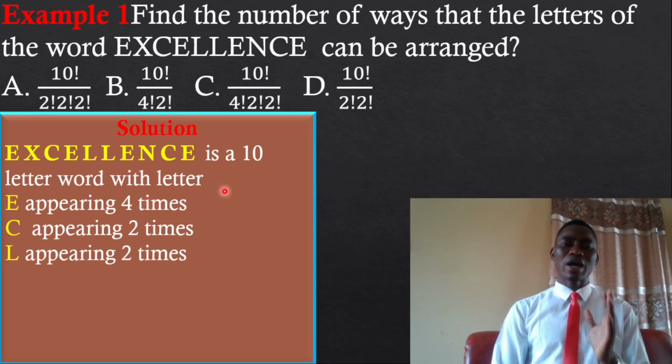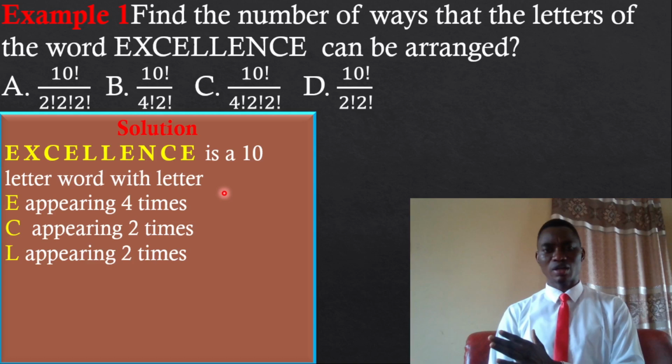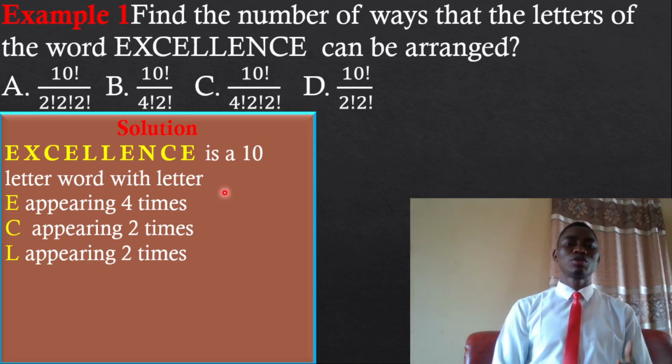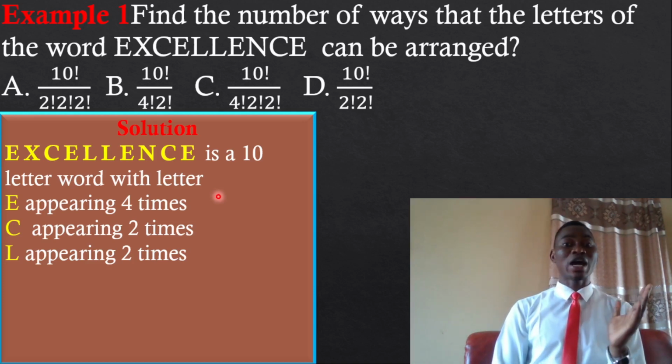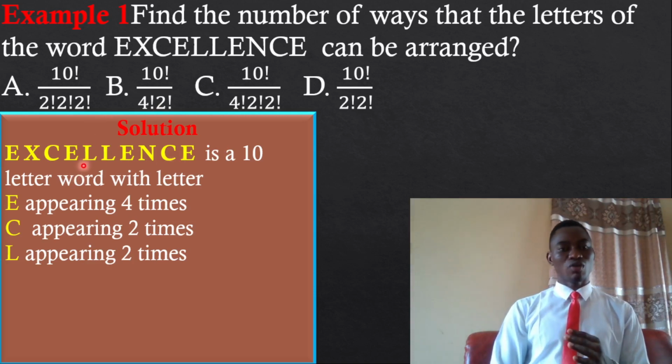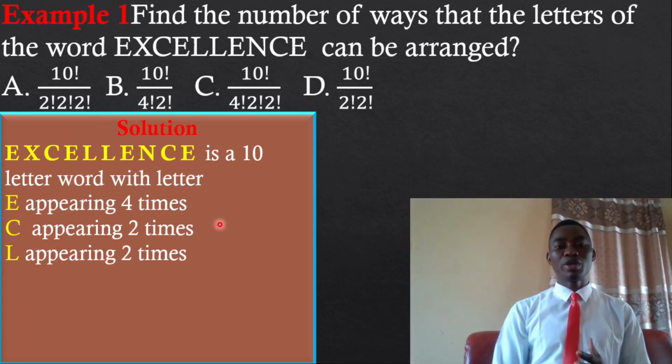So our answer would have been 10 factorial. You know, if you are given the word Nelson to arrange, it is 6 factorial because no letter appears more than once. But in the word excellence, we can see that letters E, C, L appear more than once.